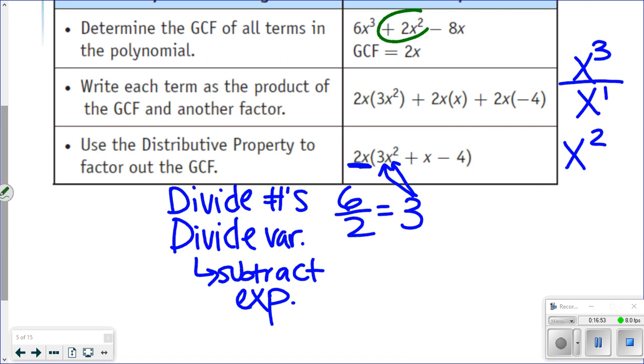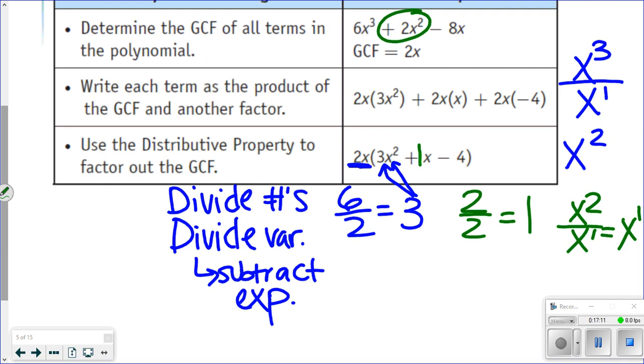Okay? So then if I'm looking at my next number, I have 2x squared. 2 divided by 2 is 1. So we could write the 1 here, but remember, mathematicians are lazy, so we don't always do it. And then I need to divide x squared divided by x. So subtract 2 minus 1 and we just get 1. So that's where this x comes from, so plus 1x.